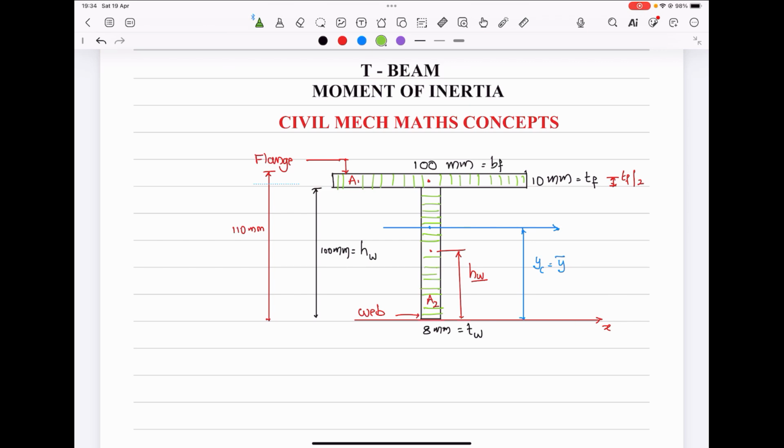In this video, I have taken up a T-beam for calculating the moment of inertia with respect to center of gravity. This is the 8th lecture in the structural analysis topic.